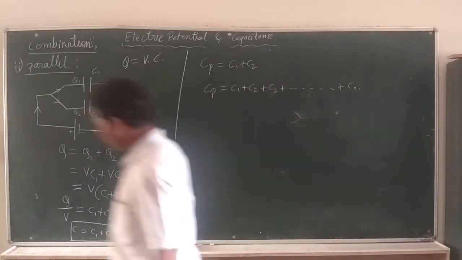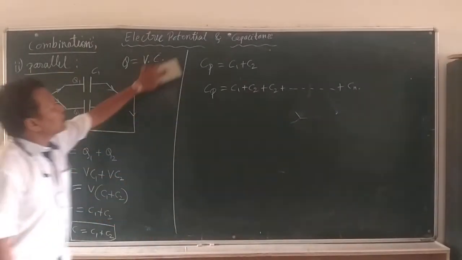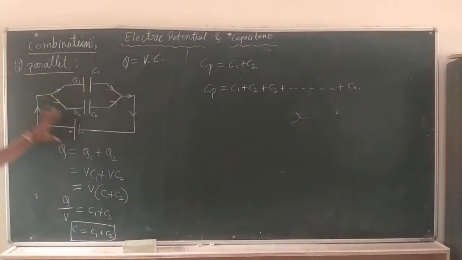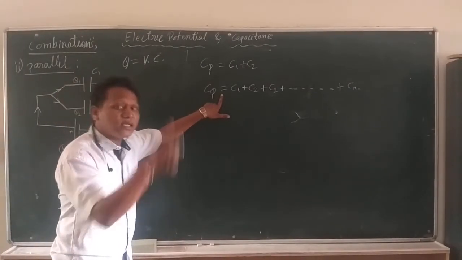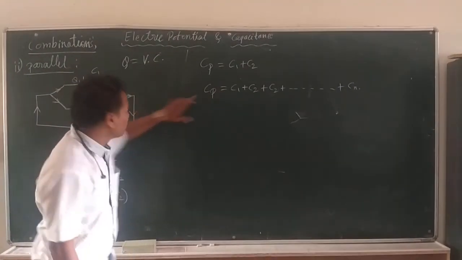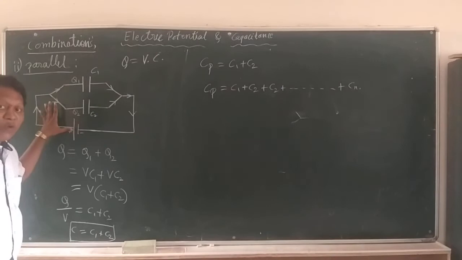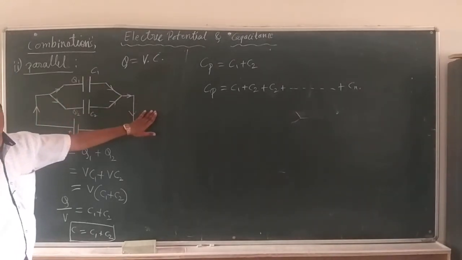Now, one thing we need to notice in the electrical circuit diagram is that here I have drawn the circuit for two capacitors connected in parallel. But at the end, we got the equivalent capacitance for the parallel combination, and I did not show the equivalent electrical circuit.